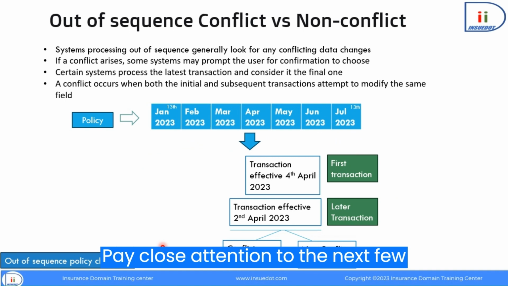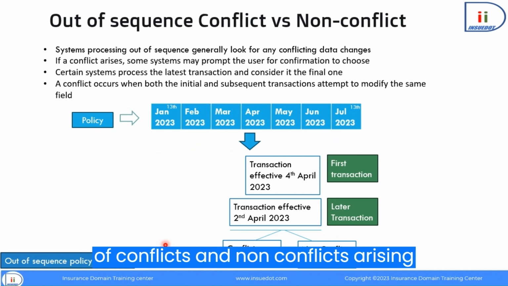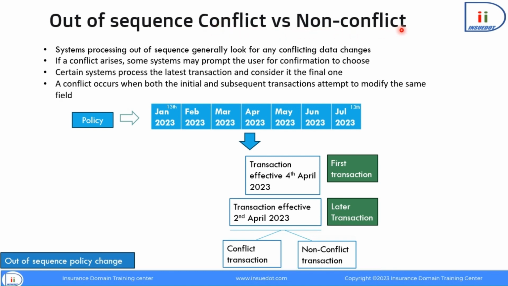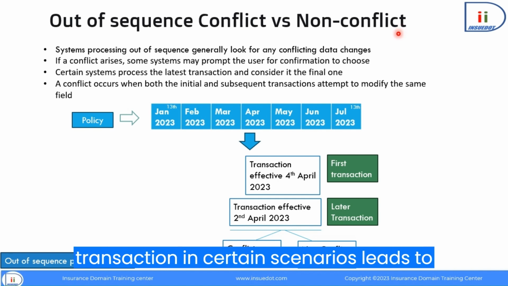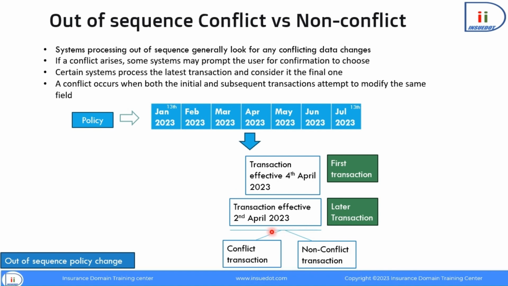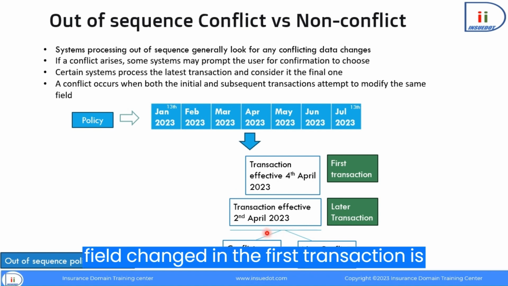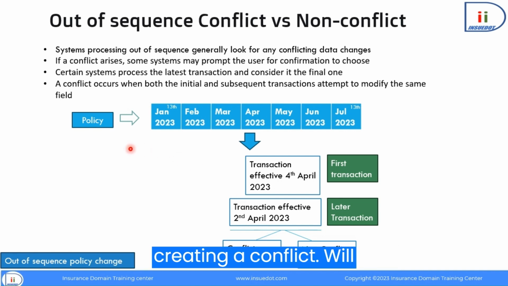Pay close attention to the next few slides as we delve into the explanation of conflicts and non-conflicts arising from out-of-sequence transactions. As you've learned from the previous slides, the processing of a later transaction in certain scenarios leads to an out-of-sequence situation. However, it's possible that the same field changed in the first transaction is affected in the later transaction, creating a conflict.